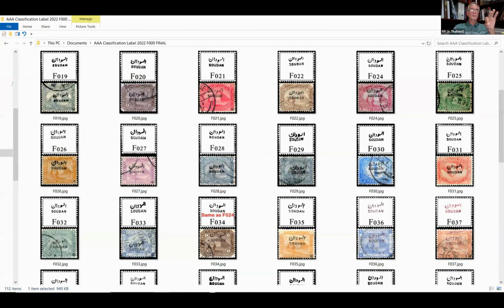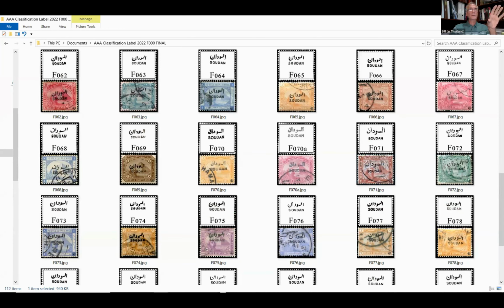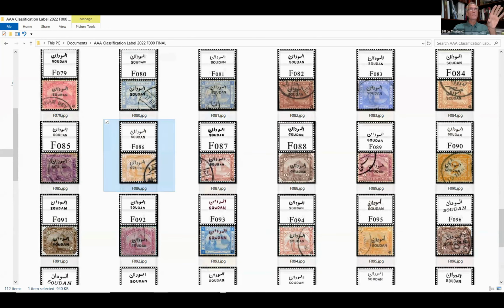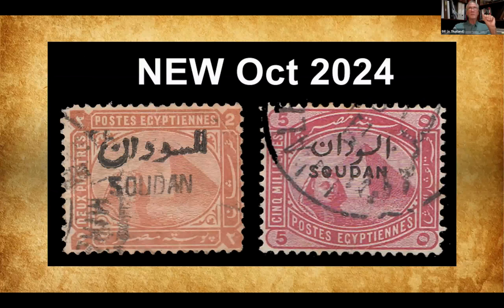And just to let you know that I really do have more than 110 now. Just when I thought I had found all the existing forgeries, new ones keep popping up, such as these two, which I found in the last month.